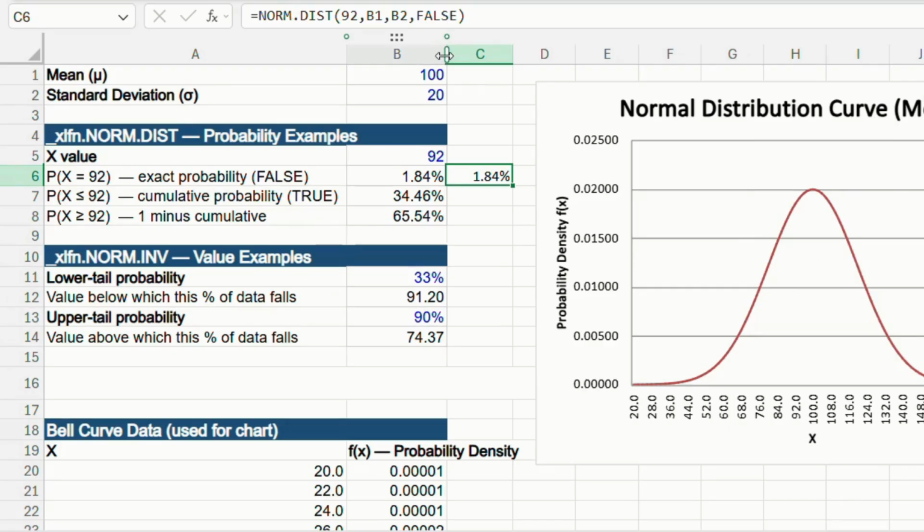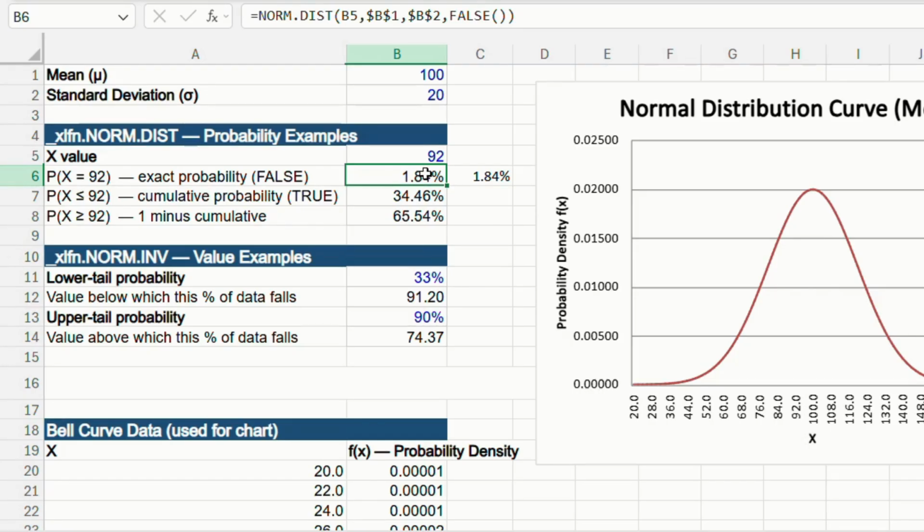Now, this 92 is just below the average and fairly close to the middle of the curve, and we calculated this using the formula. When we select false, that gives you the probability of a single point, not a range.